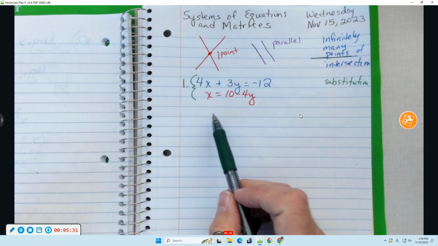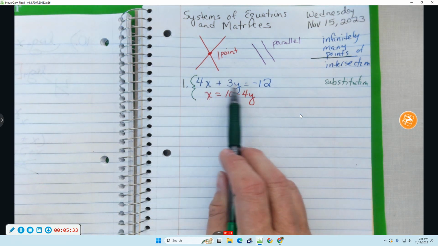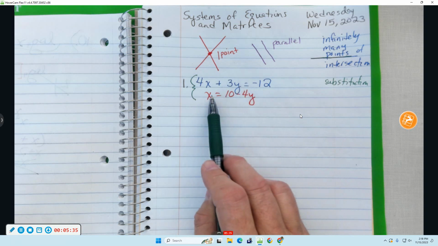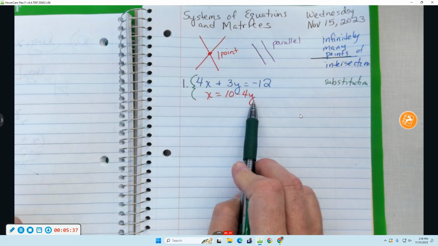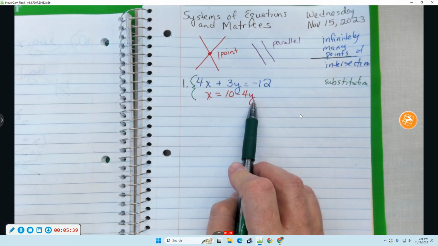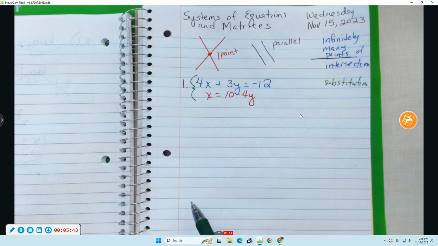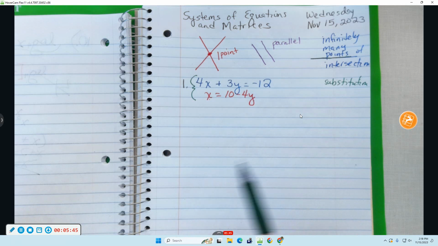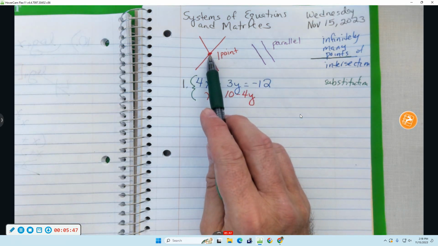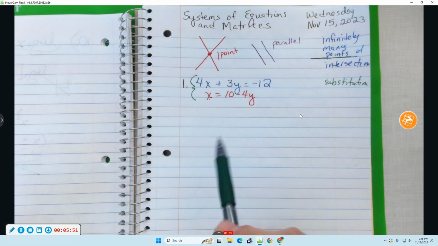With substitution, we started off with two equations and two variables. I'm about to write one equation with one variable. By the way, I should have mentioned that our answer is an ordered pair. So that means it's going to be an x and a y. Write that right there: 1 point, parentheses, x comma y.